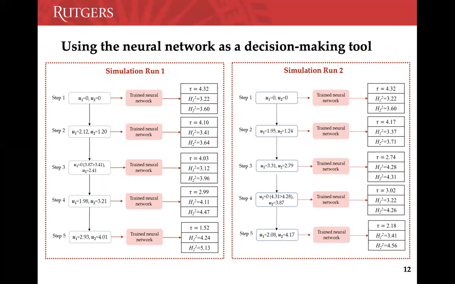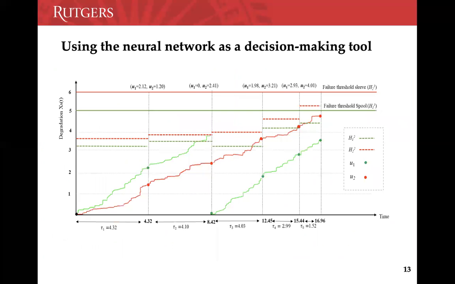I can also conclude that this neural network can be used for any kind of system, and the initial age can be any number. Based on that initial age or the current degradation, we can find the optimal maintenance decisions based on the trained neural network.